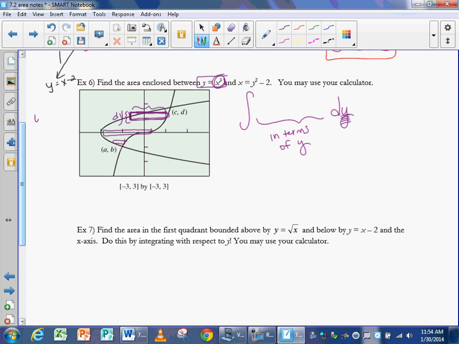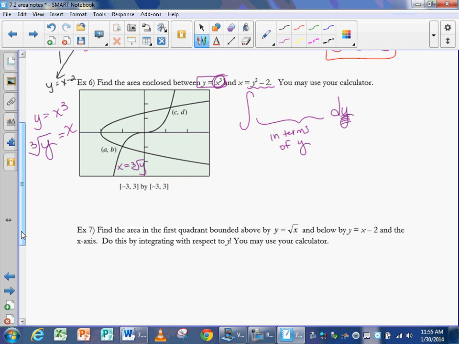So if I take y equals x cubed and rewrite it, I would have to rewrite it as x equals the cube root of y. No plus or minus needed. This is an odd root. So x equals the cube root of y is going to be this right here. And then x equals y squared minus 2 is already in terms of y.